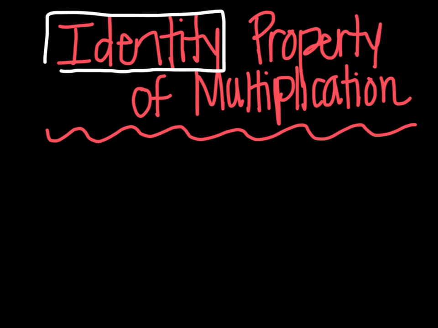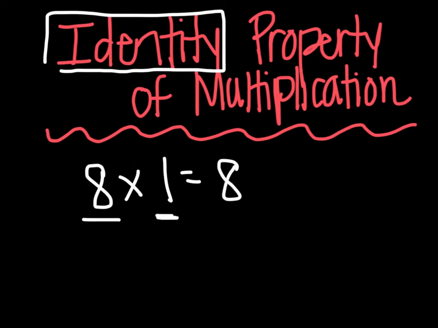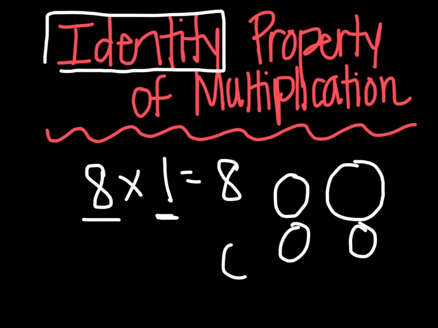If you think about that same process with numbers, the identity property of multiplication says when you multiply a number by 1, it doesn't change. You keep your identity because you are just one person. So if you had 8 groups of 1, it's just like saying you have 8, because you're having 8 groups of 1 inside each group.